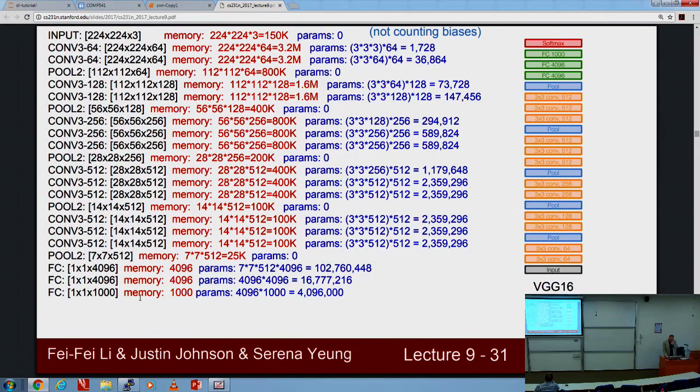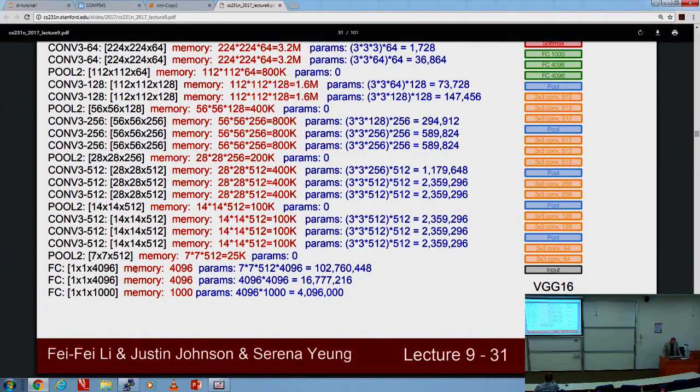Okay, so here's a memory calculation. I don't know if you can read this all, but you should be able to do this if asked. So let's see what this is calculating. Here's a layer, convolution 3 to 64. The volume that it's working with is 224 by 224 by 64.